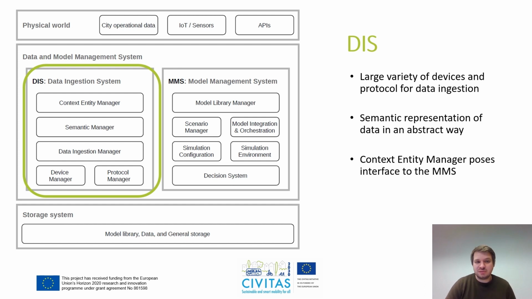And today we have many different protocols, many different approaches to transmit this information. And if we want to have a very generic digital twin that can respond to many different use cases, we also need to support a large variety of these different devices and the different protocols that are assigned to them. So for this purpose, we have a device manager and a protocol manager.